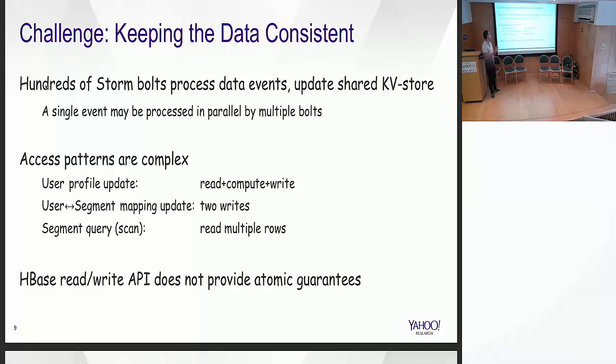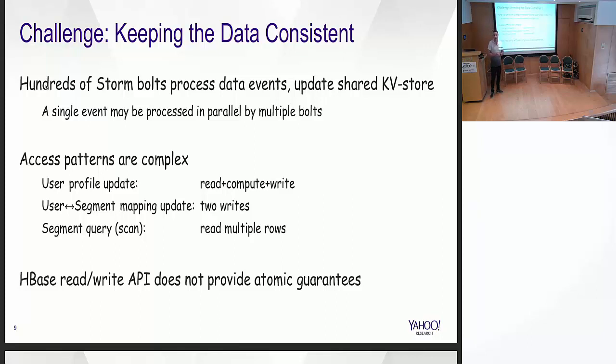For example, a single user profile update might or might not end up as a write to the database. There are mutual references between users and segments, in which there are two writes that have to happen atomically.